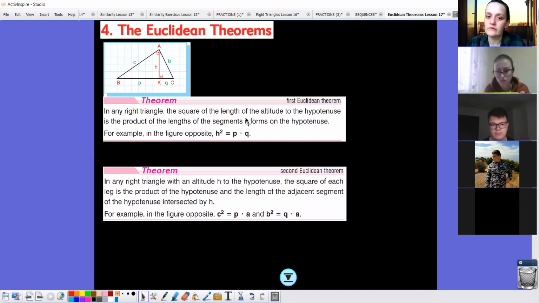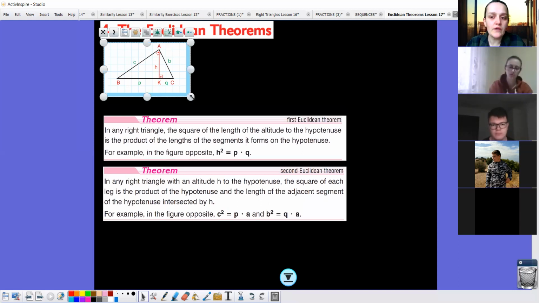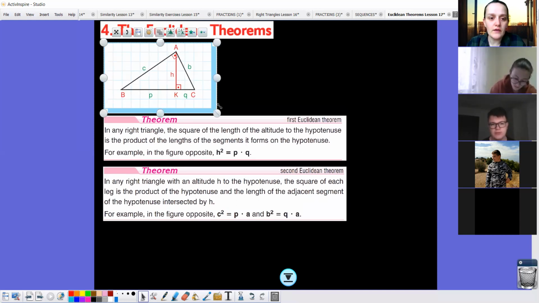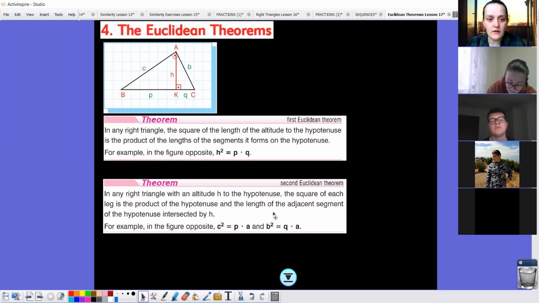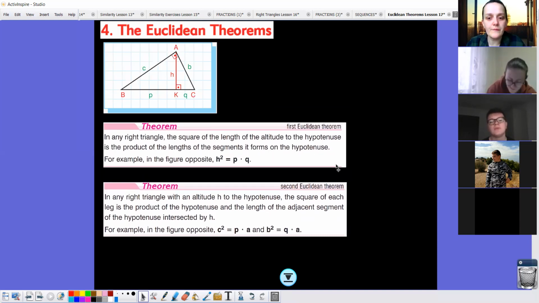Now, in the given figure, we have a big right triangle ABC, and another one, AKC. From the vertex A, another height is drawn, H.